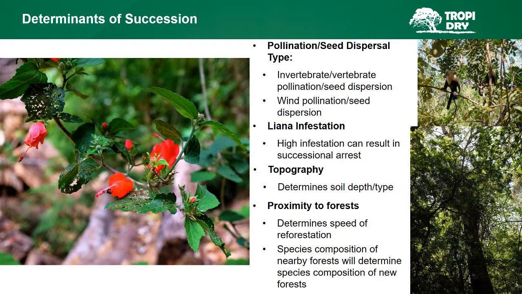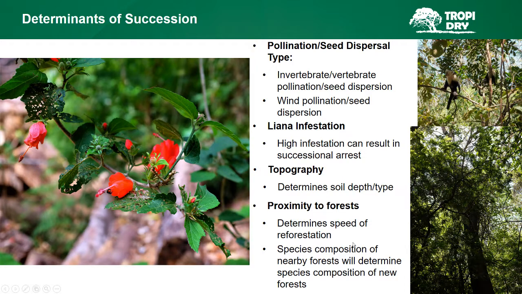So this can really affect how fast forests grow, how big trees can develop, or even how far a forest succession might be able to go. If you have very shallow soil that is low in nutrients, you will not be able to develop a forest very quickly, and it might even be arrested at the early successional stage, just because of the soil type.